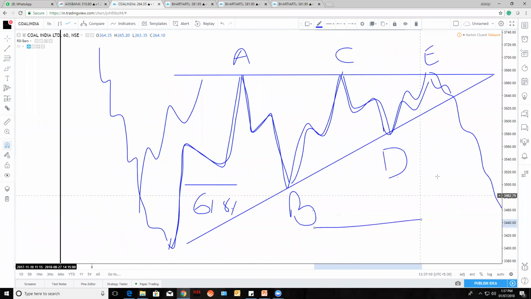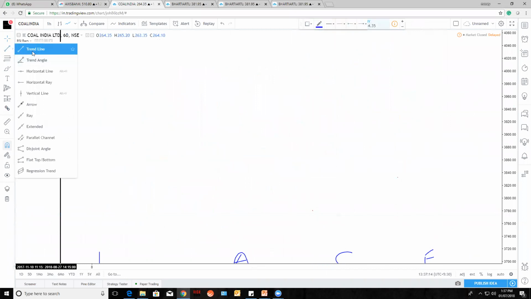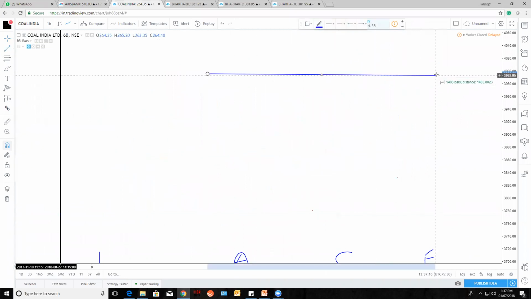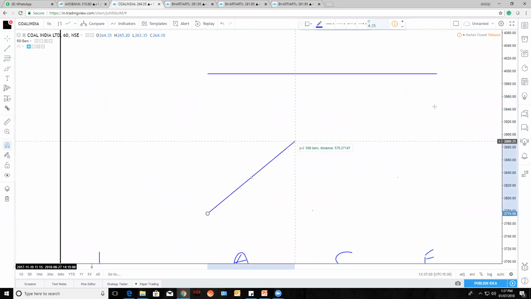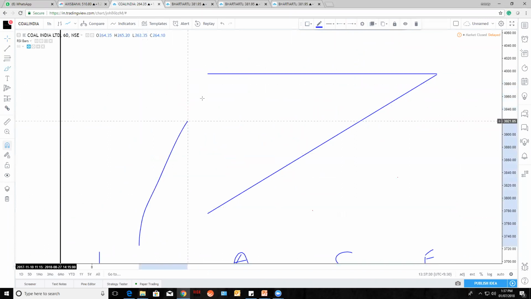I will tell you how the structure looks. There was an example I actually shared in the chart also. E is making a triangle again. So let's say it's coming from the downside.